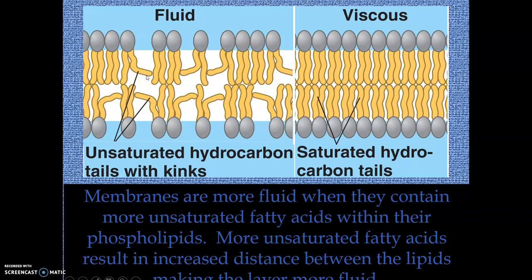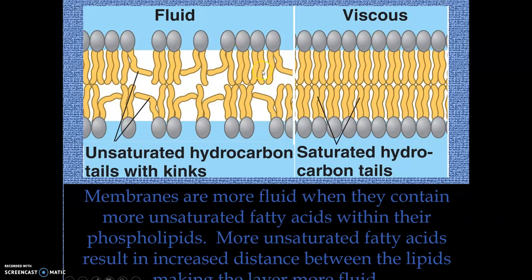So membranes are more fluid when they contain more unsaturated fatty acids, that is, they have double bonds. Unsaturation means they have double bonds. Membranes are more fluid when they contain more unsaturated fatty acids within their phospholipids. More unsaturated fatty acids result in increased distance between the lipids, making the layer more fluid.